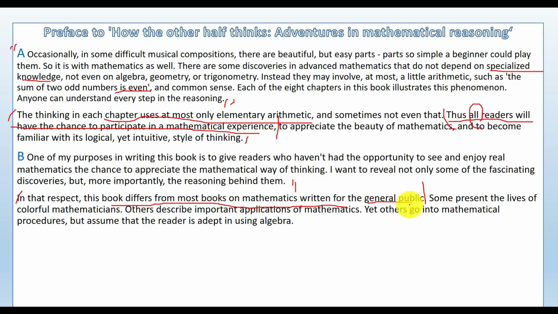Now let's continue. Some present the lives of colorful mathematicians. Others describe important applications of mathematics. Again, we have another viewpoint and another kind of books. Yet others go into mathematical procedures, but assume that the reader is adept in using algebra.